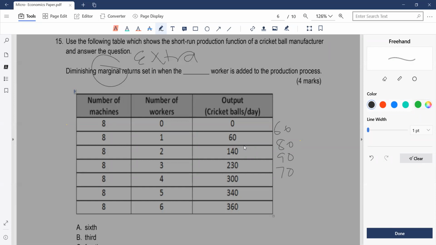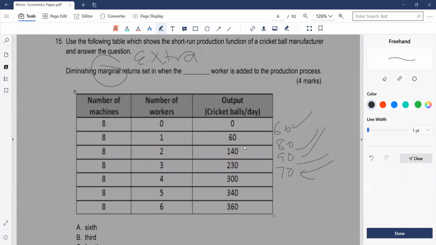When we added the 4th person, that's when the law of diminishing marginal returns set in. Because before that, the marginal, meaning the extra gain that we're getting by adding an extra person, 60, 80, 90, was going up.